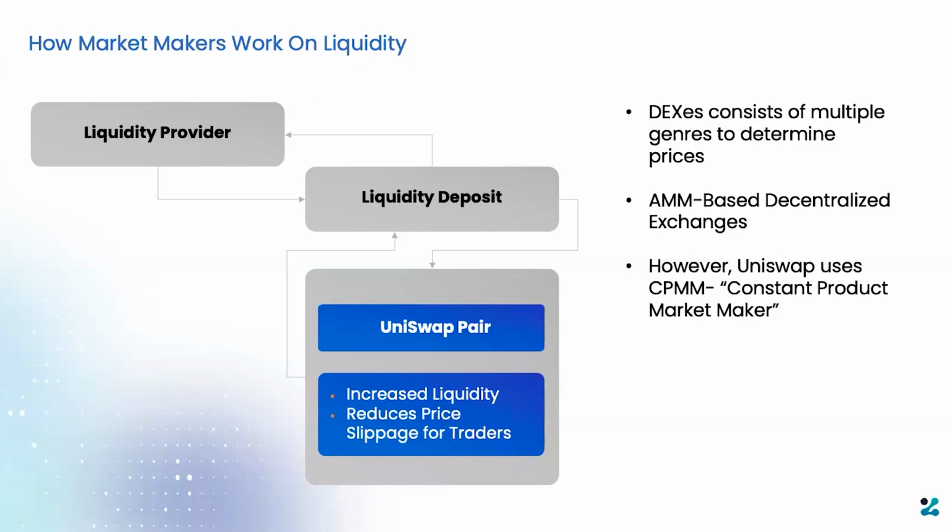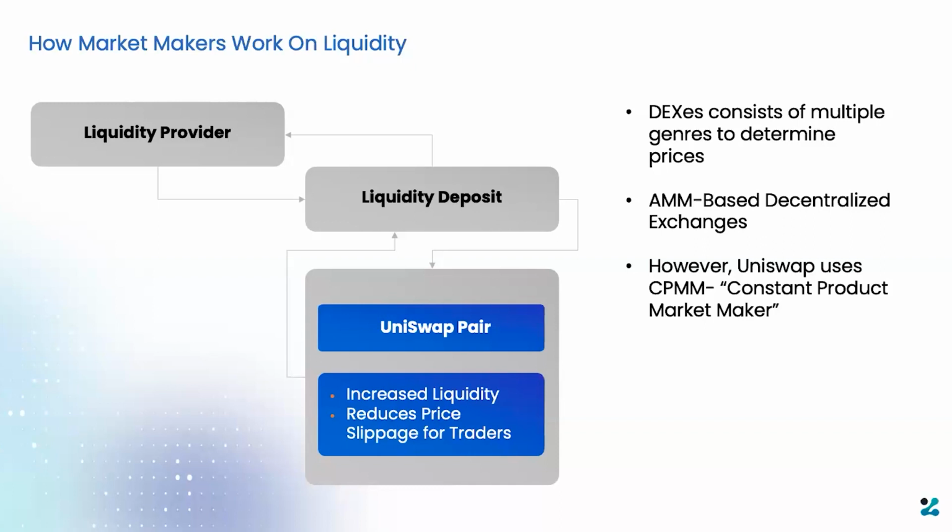So it depends on what pair you want to choose. For example, you want to buy USDC against Ethereum, but if there is no seller for USDC, then your trade is not executed. So these are some of the challenges due to which liquidity gets hampered and a lot of trades are not getting executed.